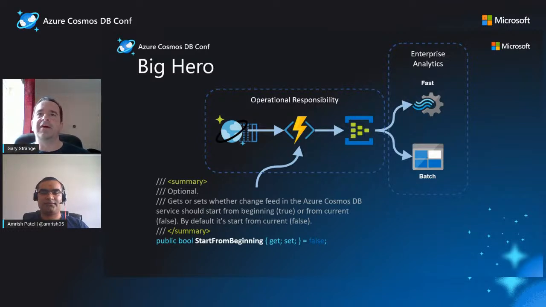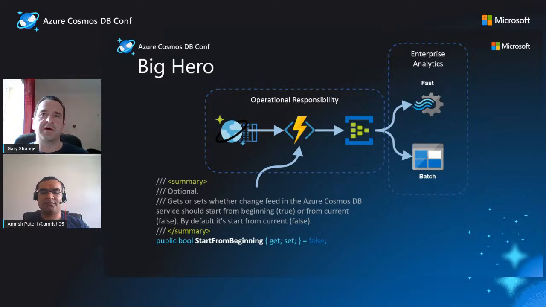I wanted to really highlight a really neat little toggle that's available when you create an Azure function that's going to listen to a change feed trigger. You configure this start from the beginning toggle. The default is false. It will just start reading the change feed as and when it starts up and it's live.